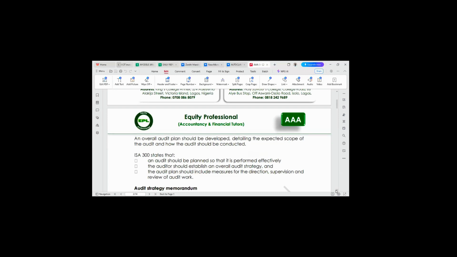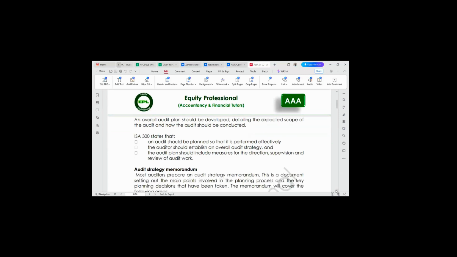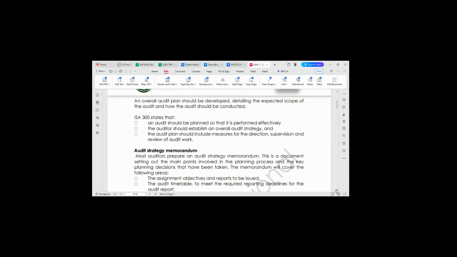So we have the audit strategy memorandum. This is the document that contains all the planning decisions about the audit. You can call it the audit strategy memorandum or the audit planning memorandum. Either name you apply is fine. This document contains all the planning decisions in an audit engagement.